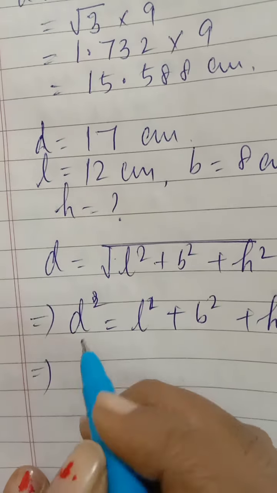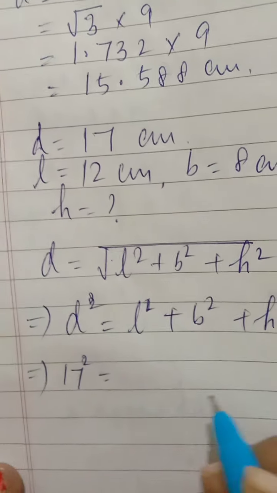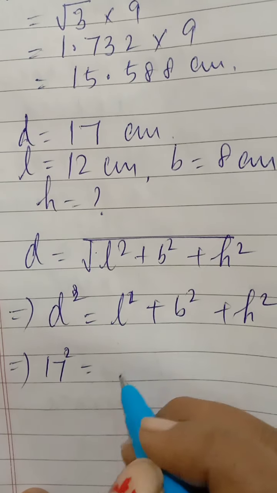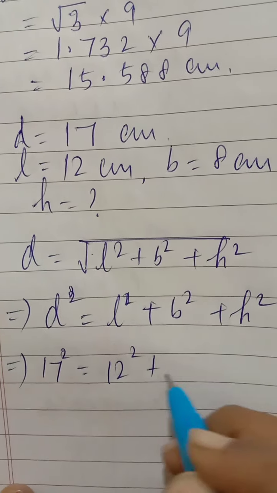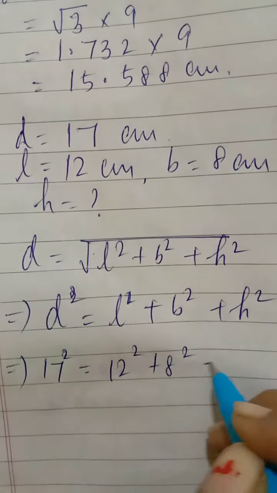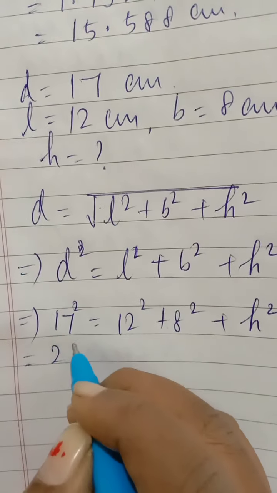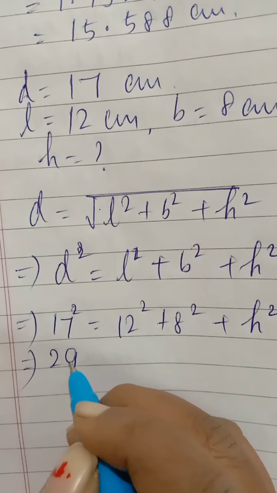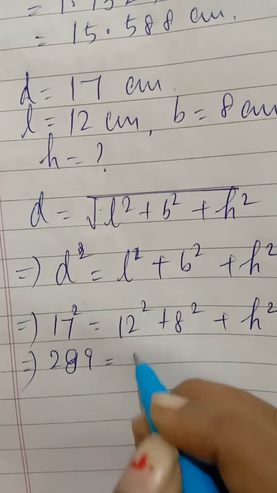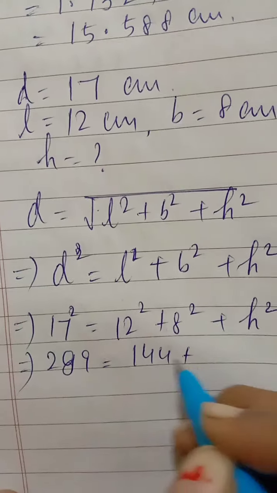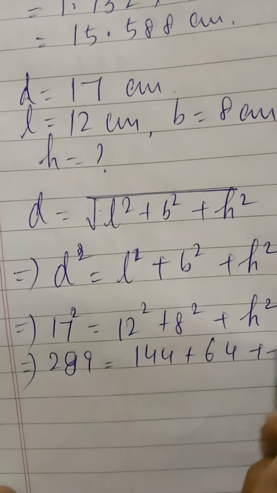So d is here 17², equals l², which is 12², plus b², which is 8², plus h². Now 17² means 289 equals 144 plus 8² is 64, plus h².